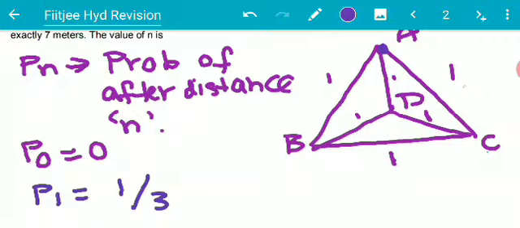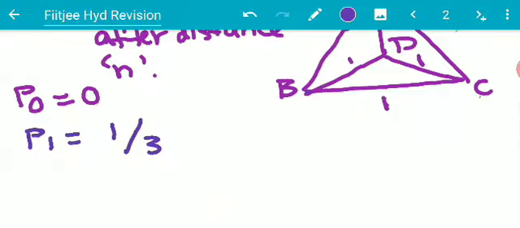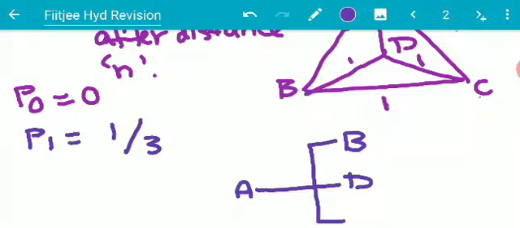Now let's say it has traveled in this direction up to B, so 1 meter is over. From A it is starting, it can go to B, D or C, and for each one of them we have probability 1 by 3.